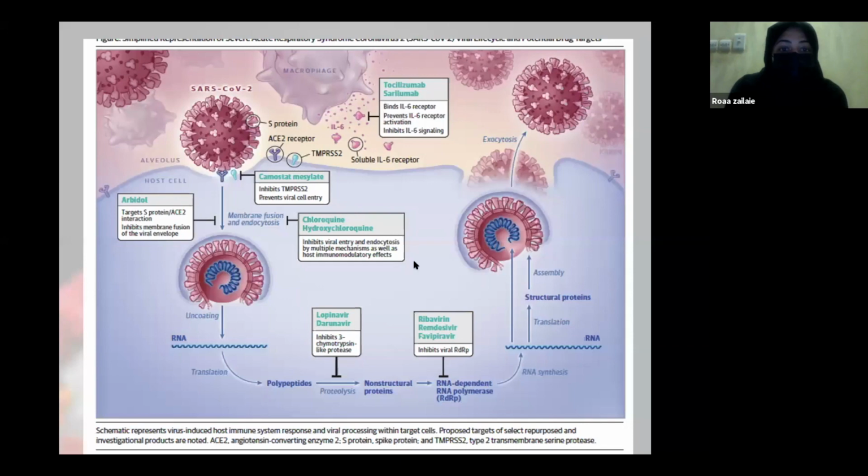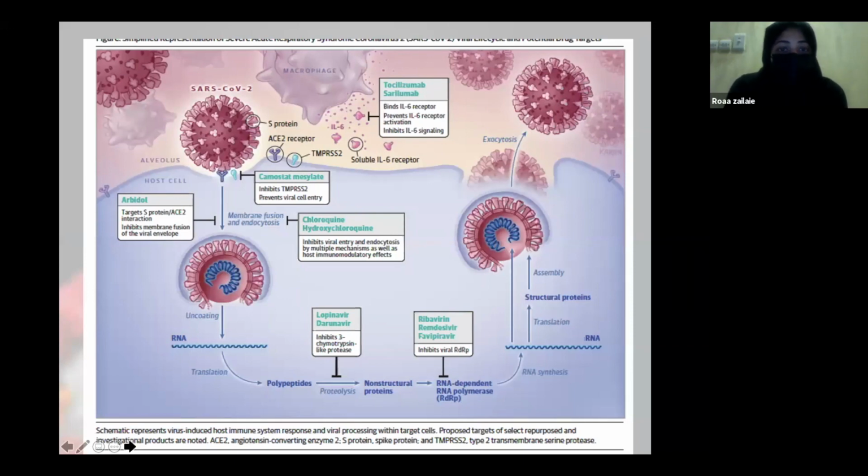Once at membrane fusion, we can use chloroquine or hydroxychloroquine. And here the most important step is the RNA-dependent polymerase step, where many of the antiviral therapies and clinical trials are aimed at preventing the replication and the last step of viral entry.